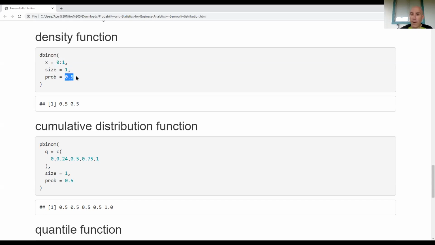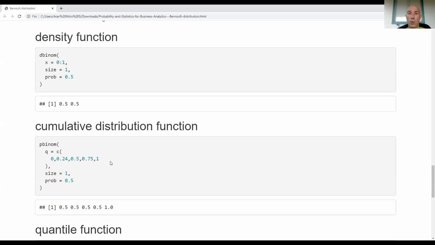All right, so if it's 50-50, the probability of 0 is 1/2, and the probability of 1 is 1/2, right? And so here we can see that this 50-50 matches 0, 1. This 0.5 corresponds to the probability of 0. This 0.5 corresponds to the probability of 1.